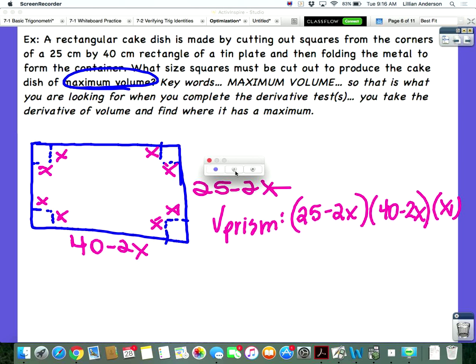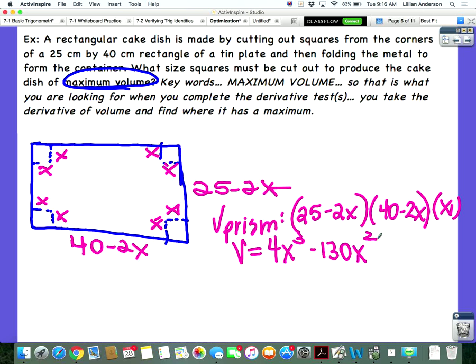Give me my normal volume equation. Once we distribute, FOIL, distribute, we should have the volume equation that is 4x to the third minus 130x squared. Did everybody get this? Okay. So now we're good to go.